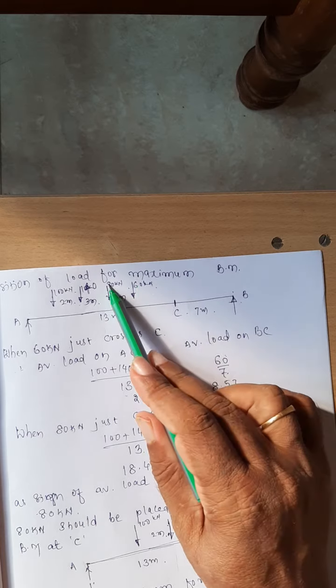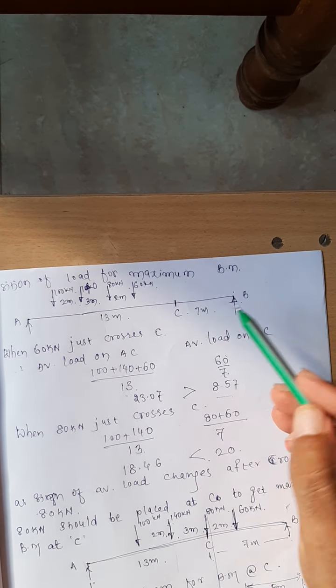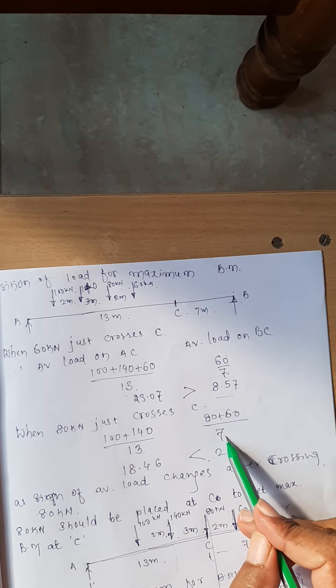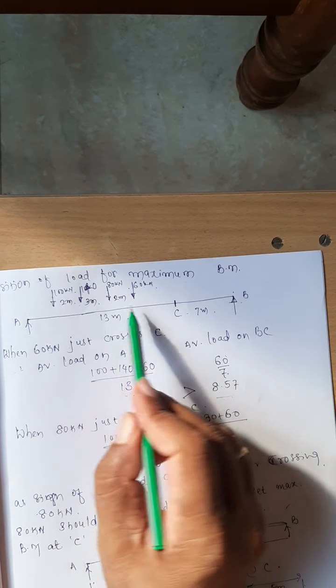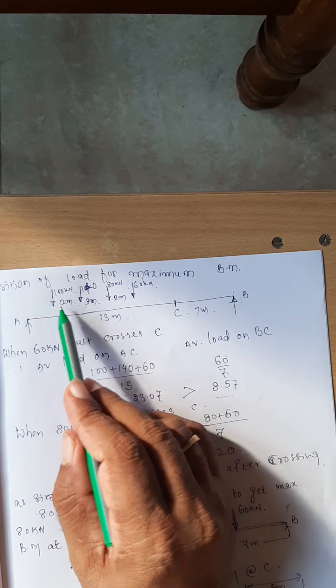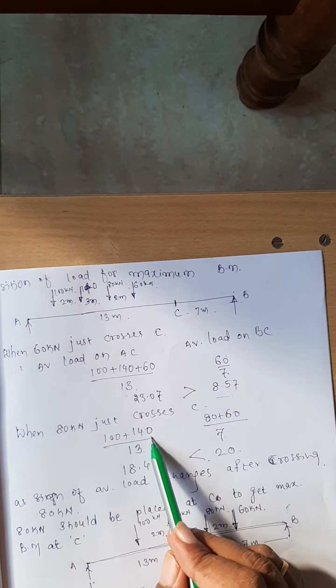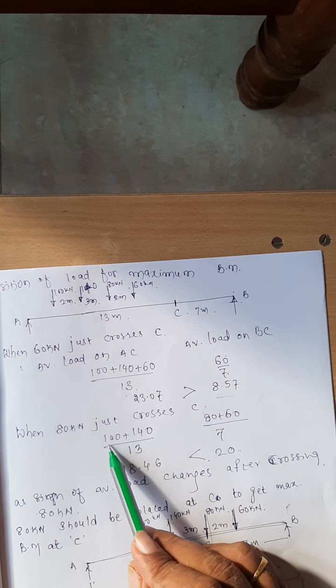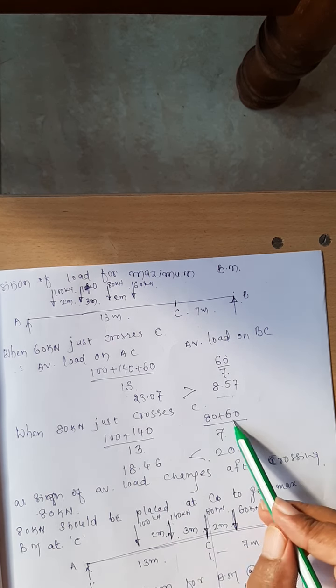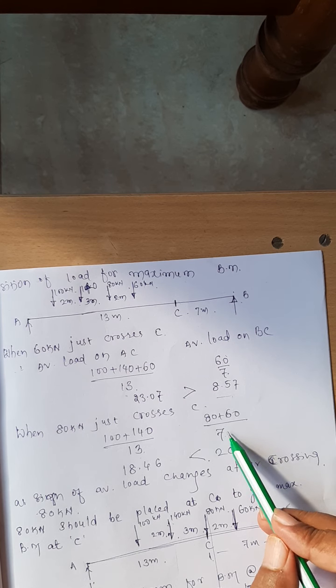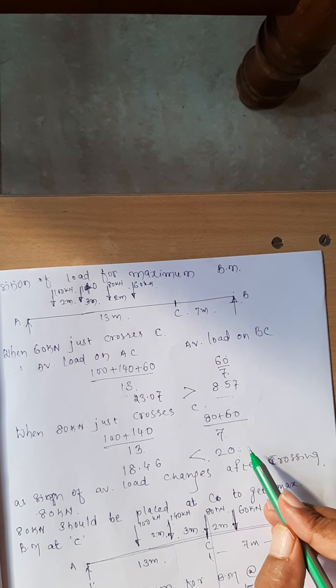Right part is 60 plus 80 and this span is 7. 60 plus 80 by 7. This will become 20. And what is the average load on the other part? It is nothing but 100 plus 140 divided by 13. So this comes out to be how much? 18.46, and this comes out to be 20.